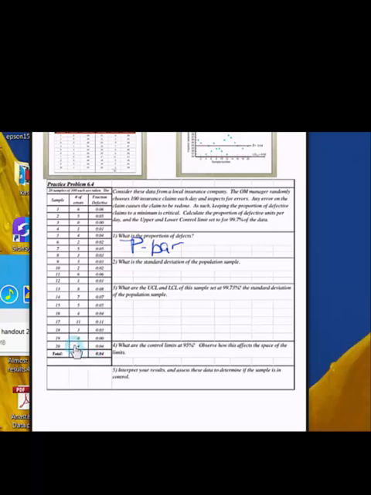So we compute P bar as the total of the errors divided by the number of samples multiplied by the sample size.